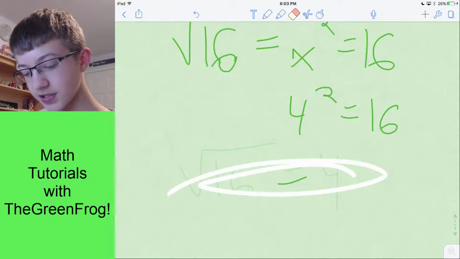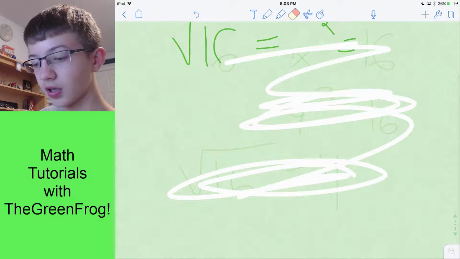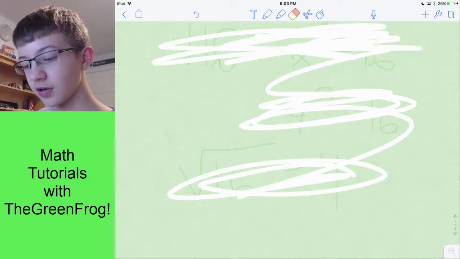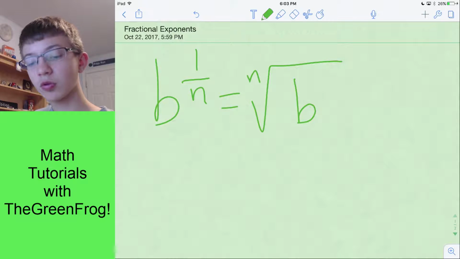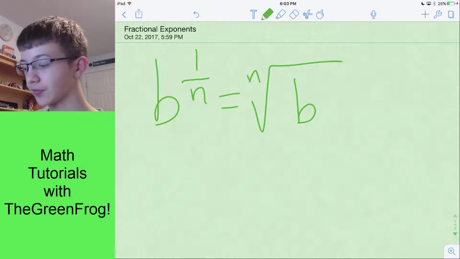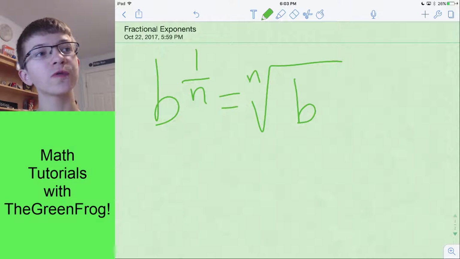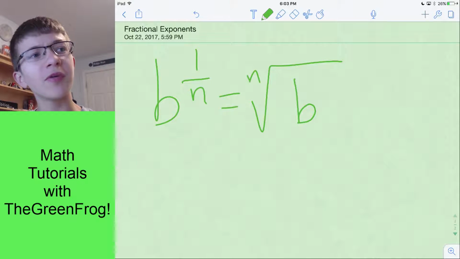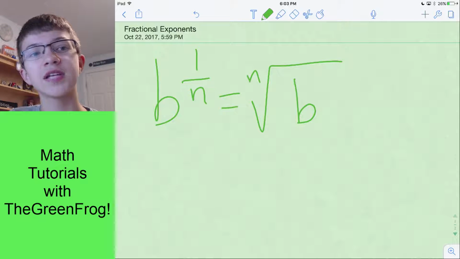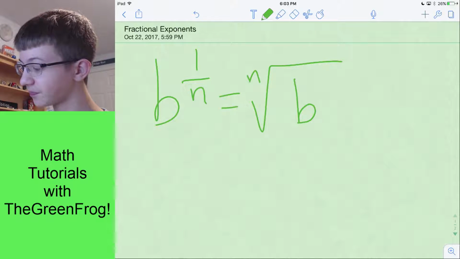So, as I explained up here, for most numbers, we have that b to the 1 over n equals the nth root of b. Why I'm saying most numbers is because if we have 1 over 0, we don't want that, because that's dividing by 0.